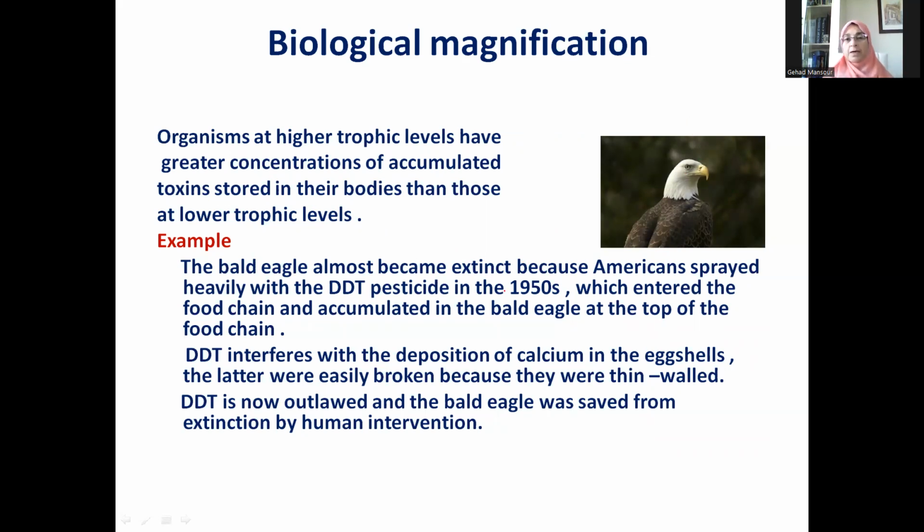It's a kind of pesticide that was revolutionary at the epoch in the 1950s, because scientists during that period thought that the DDT pesticide is capable of killing all pests that affect plants.